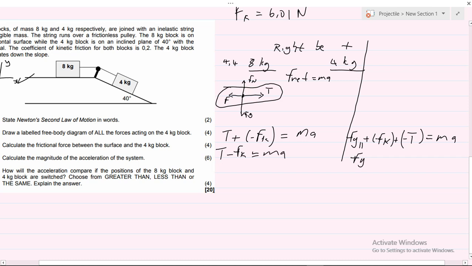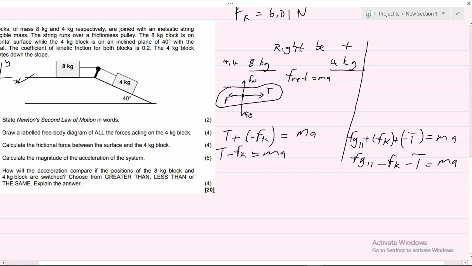And here Fg parallel minus Fk, then minus T equal to MA.